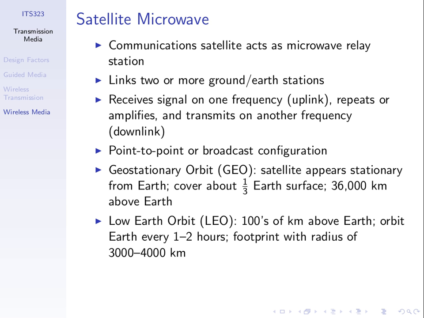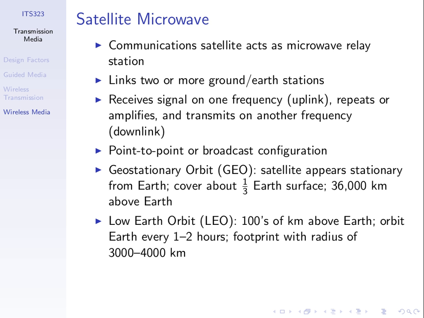One of them transmits up to a satellite, and then the satellite transmits down to another receiving station. So the satellites link 2 or more ground or earth stations. We'll talk about the links with some examples in a moment.